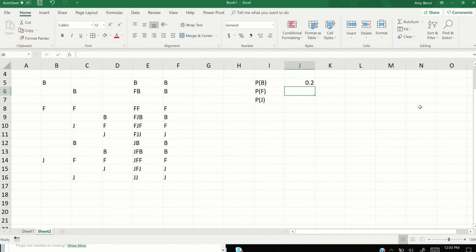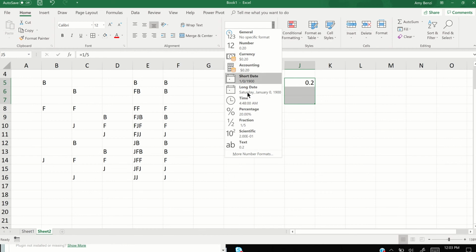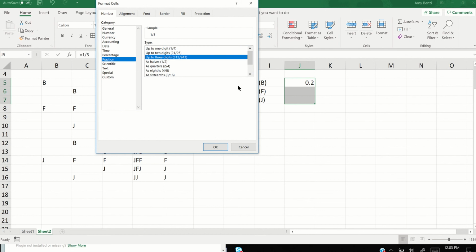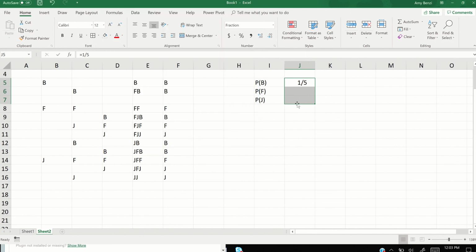And it gives me a decimal value. Guys, we should know by now, I'm going to select these cells, come over here, and change it to fraction. And even fraction's not going to be enough, so I'm going to go to more formats, just in case, go down to fraction, and give it up to 3 digits. I just like to have all my digits like that.